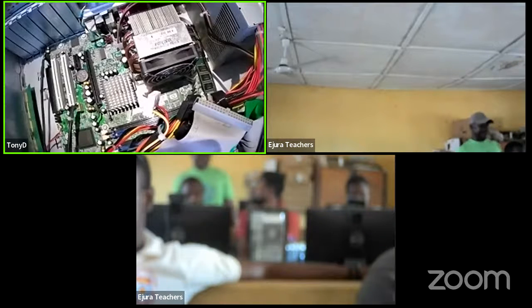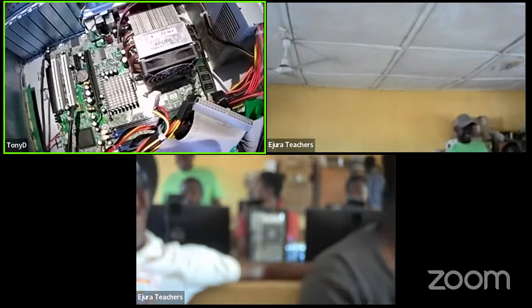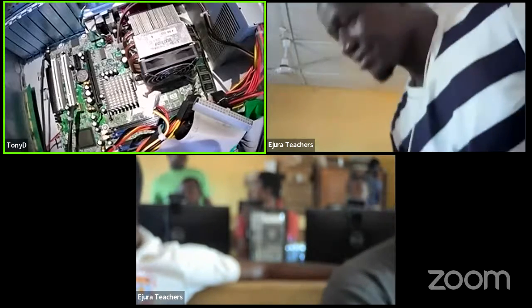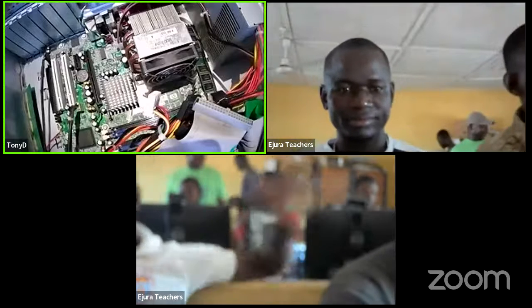Somebody can answer. What is the CPU? And what are the functions of a CPU? One of the functions of the CPU.